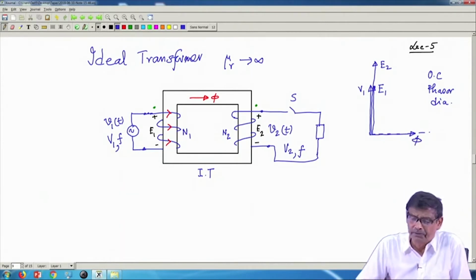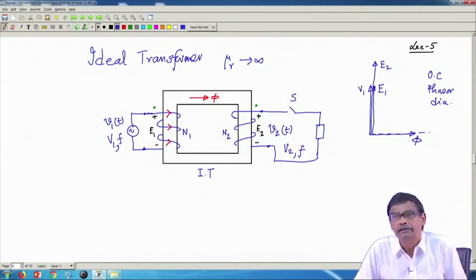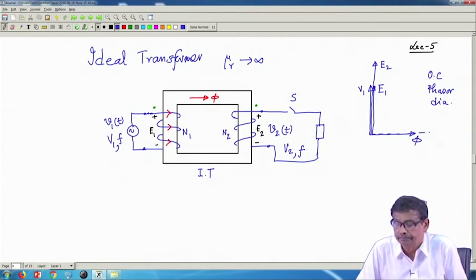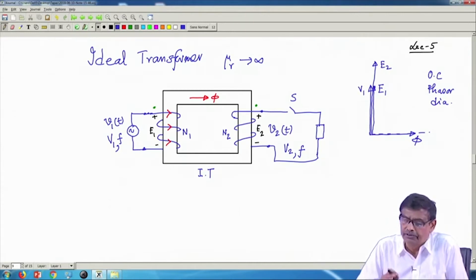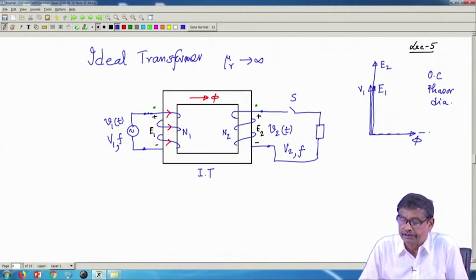Because after all, in a purely inductive circuit, whatever little magnetizing current is drawn will be 90 degrees lagging the applied voltage, and therefore, phi will be here. Phi is finite, because you are using the very best material having mu r tending to infinity. So, this is the open circuit phasor diagram.